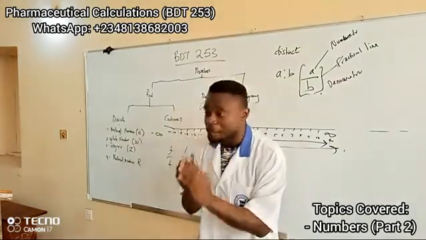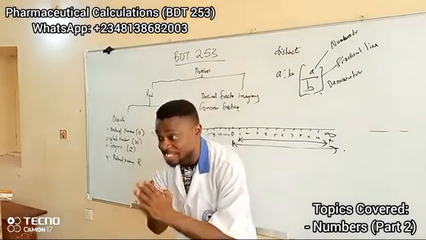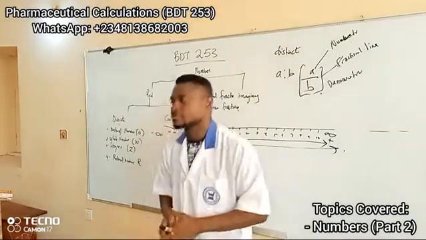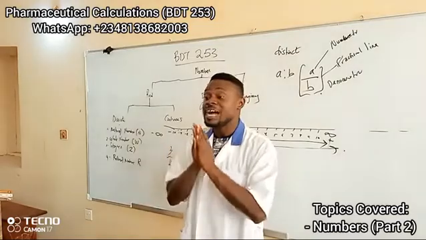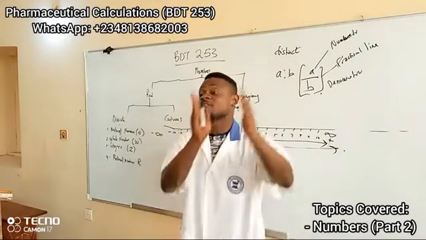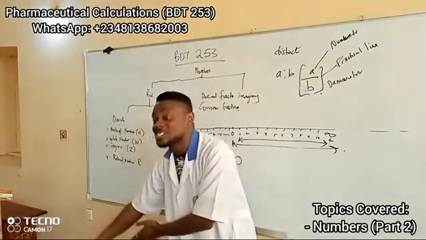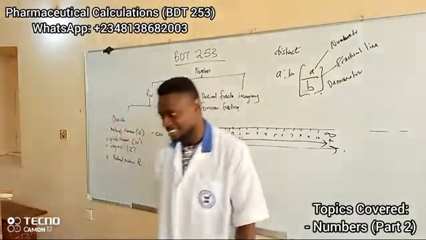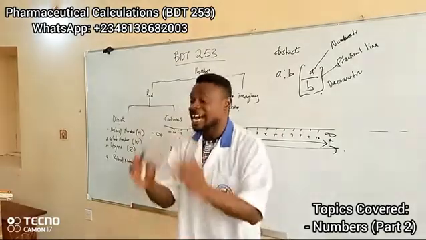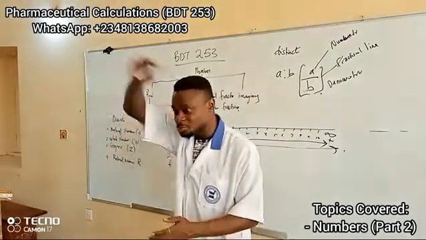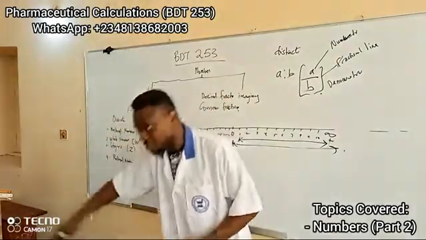So not all numbers that have decimal points are rational numbers. But rational numbers can be expressed as a common fraction or as a decimal fraction. Decimal fractions have decimal points. Common fractions have a fractional line with a numerator and a denominator.